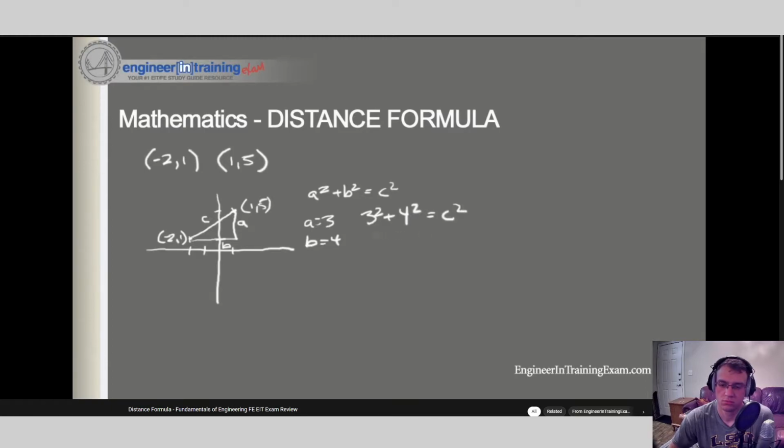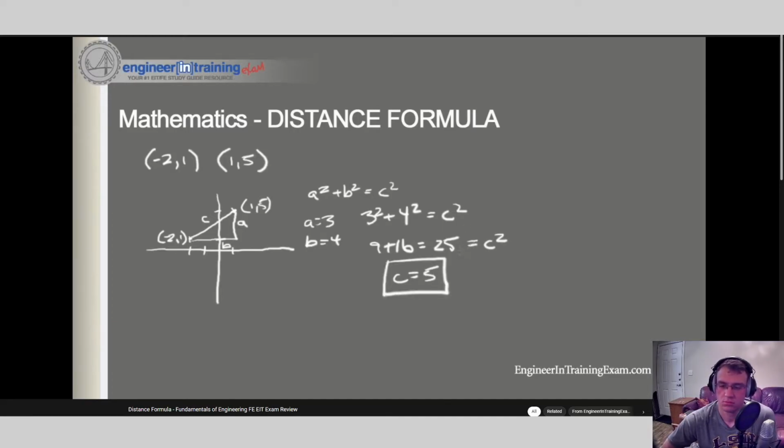And just calculating that out, we find that it is equal to 9 plus 16, which is equal to 25, which is equal to C squared. And we find that the hypotenuse, or the distance between these 2 points, is the square root of 25, which is equal to 5.